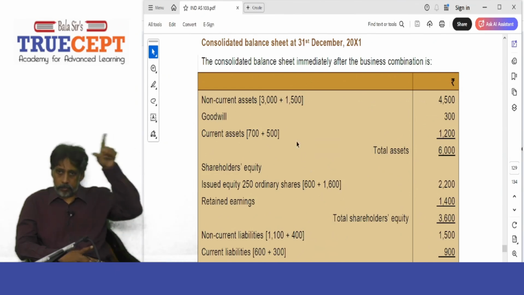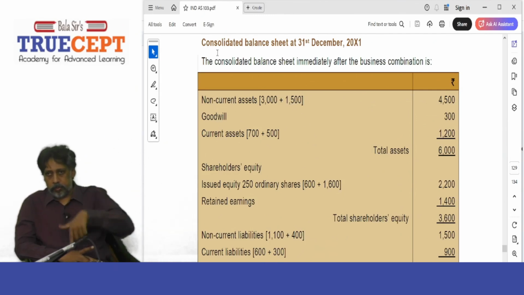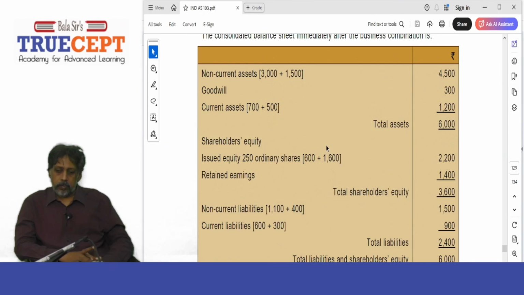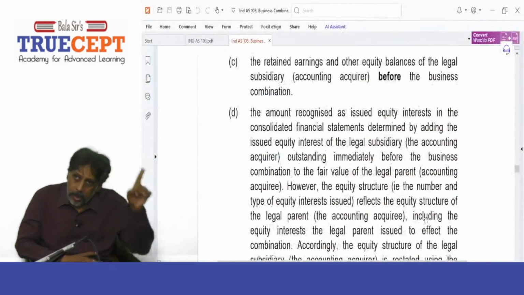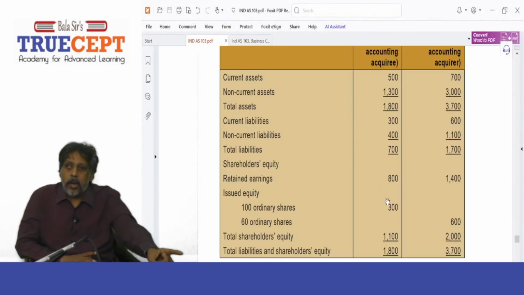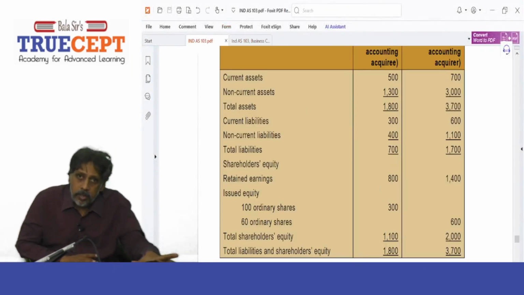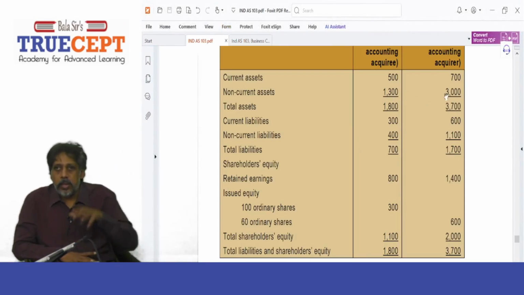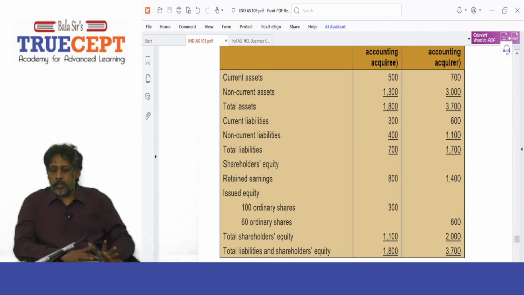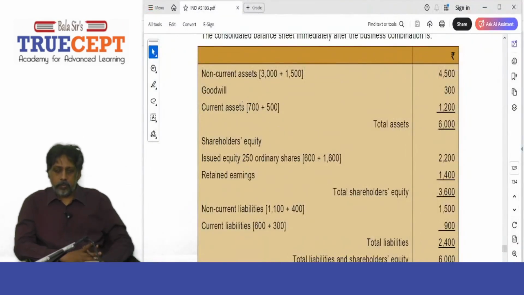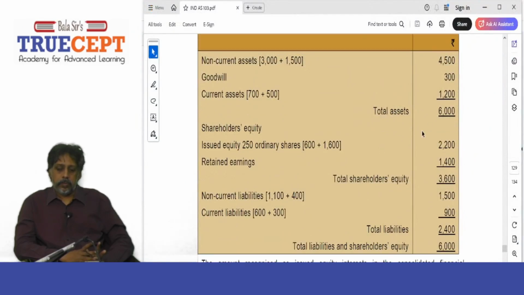Non-current assets: 3,000 of B as it is, plus the fair value of A Limited 1,500, in all 4,500. Next, goodwill 300. Current assets 700 plus 500. Total is 6,000 for assets.